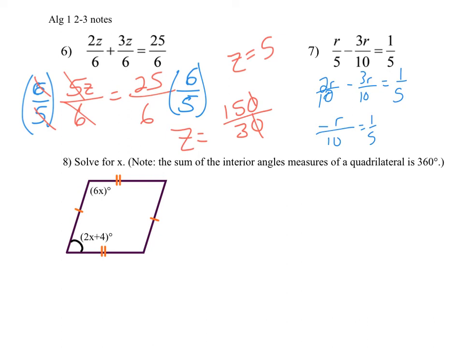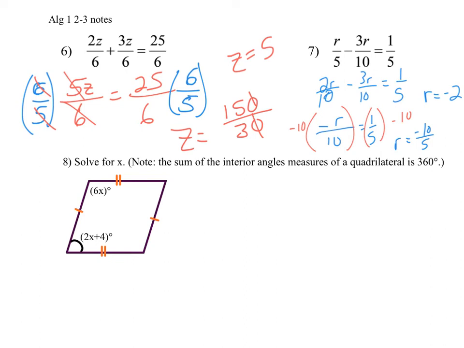Then I'm going to multiply each side by negative 10 because I want to get this to equal 1. That's going to leave me with r is equal to negative 10 over 5, which means that r is going to equal negative 2 in this case.